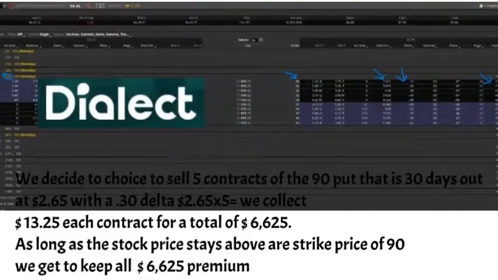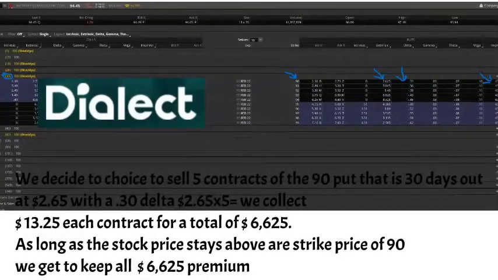So 265 times 5, we collect $1,325 each contract for a total of $6,625.